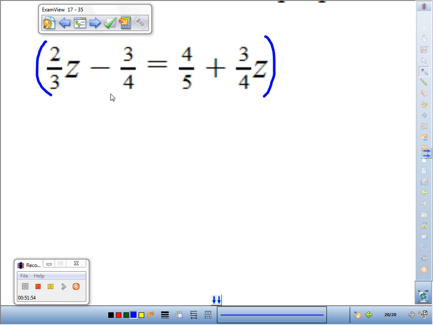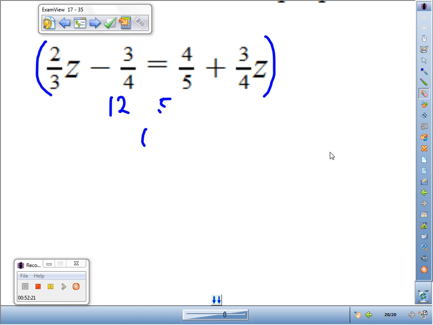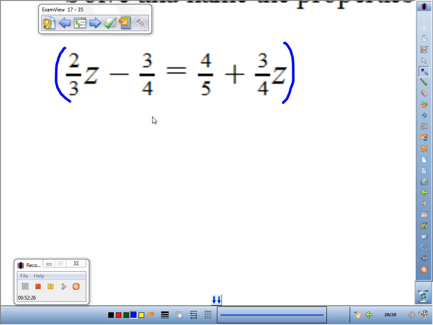What would be a common denominator between 3 and 4? 12. But then we have 5. What would be 60? 60 is our LCD. So we multiply the entire equation times 60, but we only multiply the numerators. Tell your neighbor what I just said.